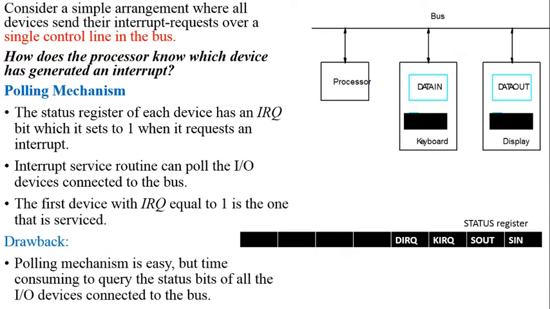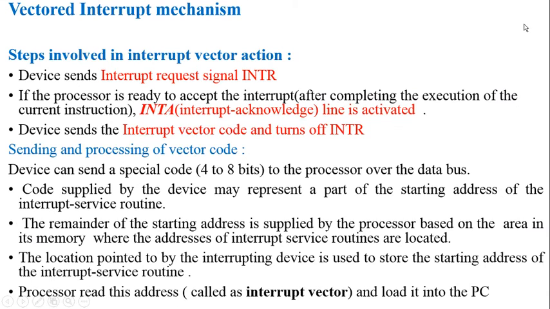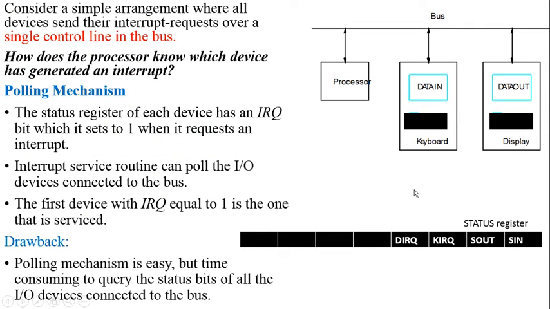Here the processor wants to monitor the value of the IRQ bits of different units associated with this bus interconnection, identify which devices have their interrupt request value as 1, and poll the device which set its IRQ bit to 1 first.